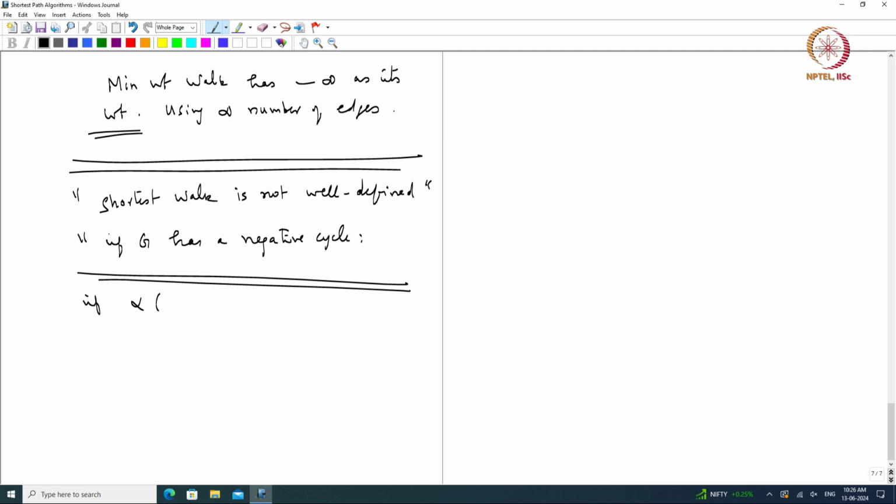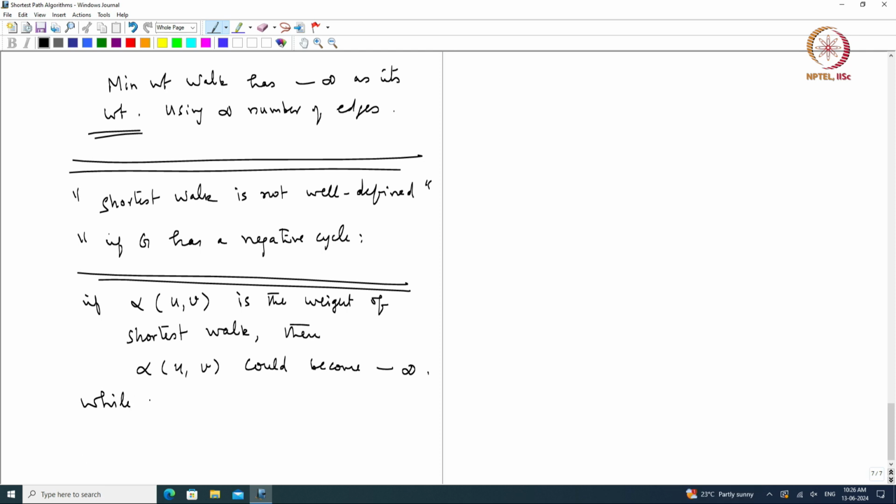In other words, if alpha u v is the weight of the shortest walk, then alpha u v could become minus infinity, while delta u v is always well defined. Alpha u v may become minus infinity.